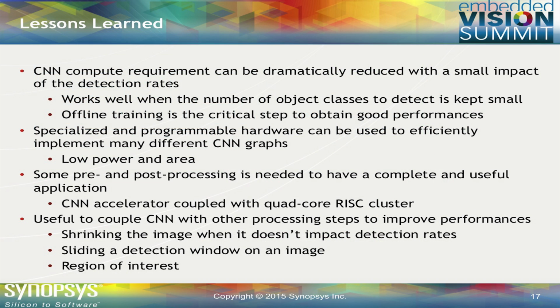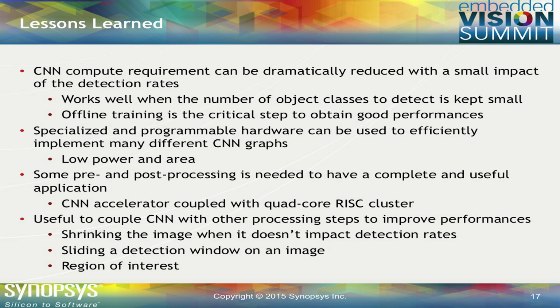Okay, so what lessons can we take out from this experiment? Well, the first one is that you can dramatically reduce the complexity of a CNN graph if you're willing to sacrifice a little bit, but only by a fraction of a percent, for example, your detection rates and the quality of your results.